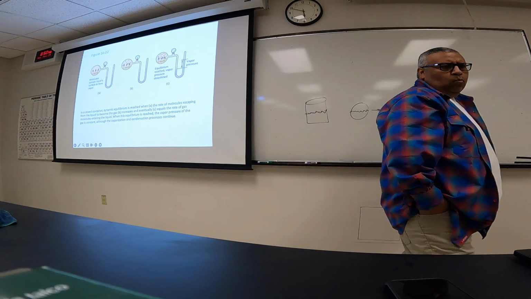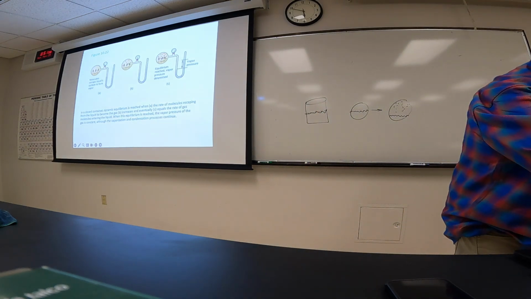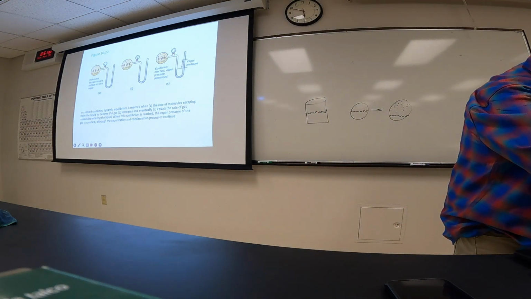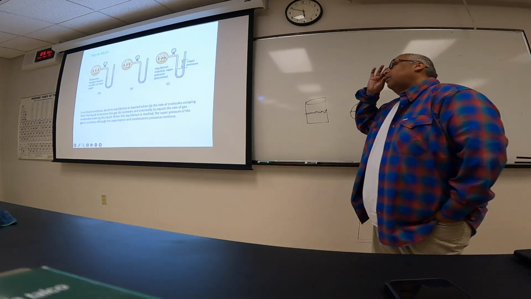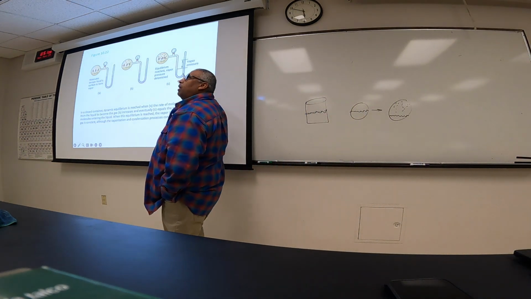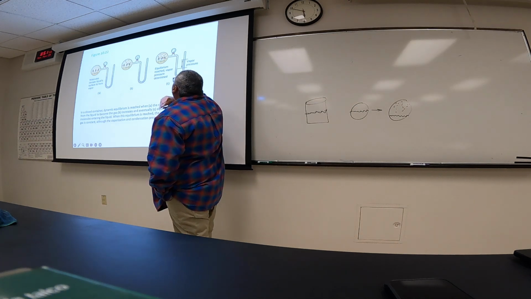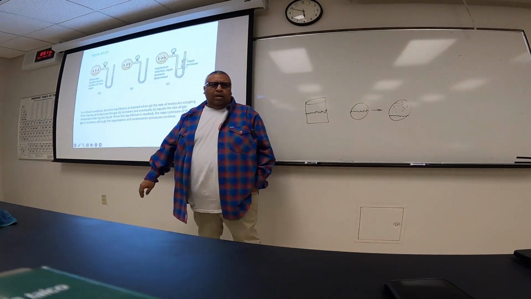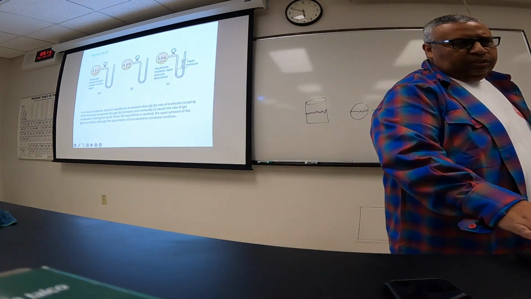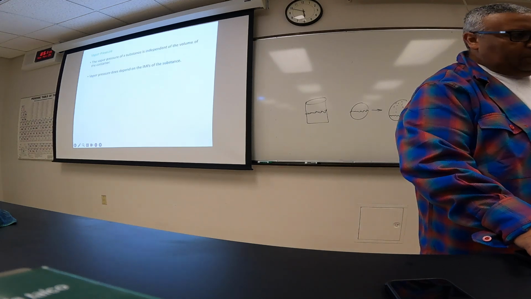What's the name of this? The name of this is a manometer. I can't remember quite the name. I think it's not a barometer. I think it's a manometer in this closed system here. But again, in a closed system there, we can determine what that vapor pressure is.